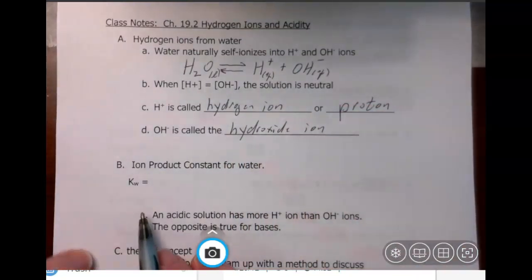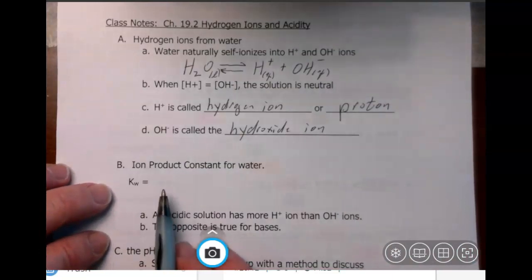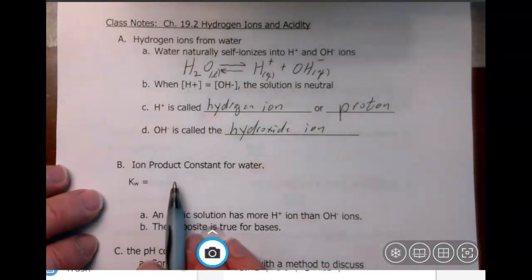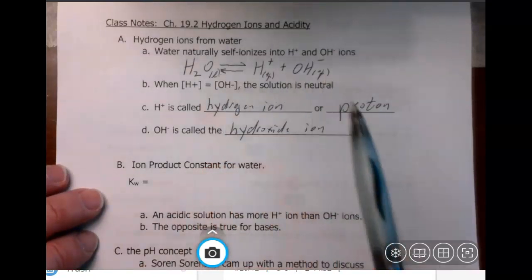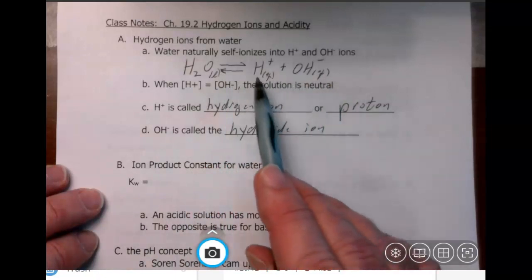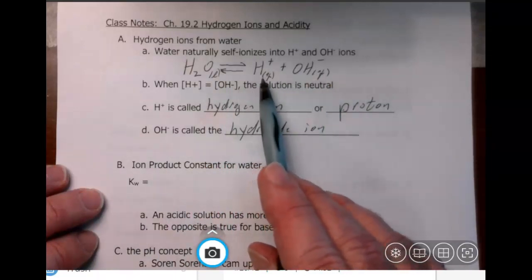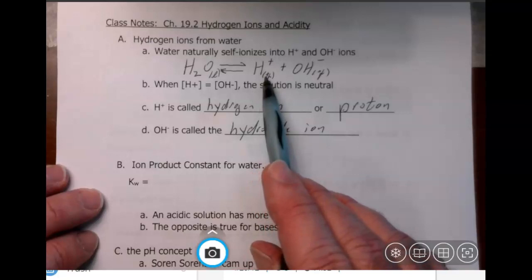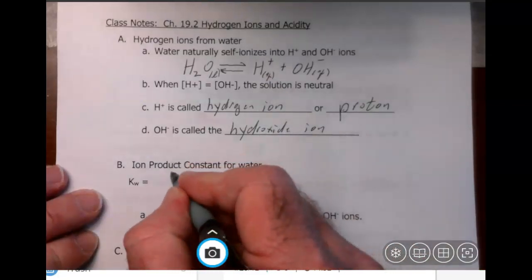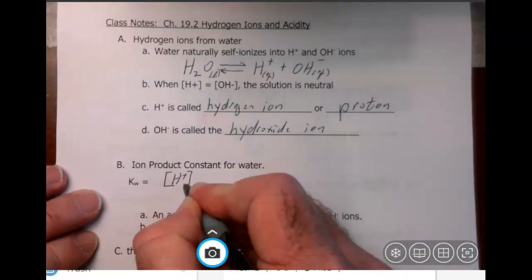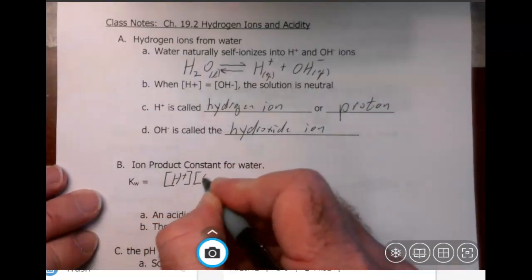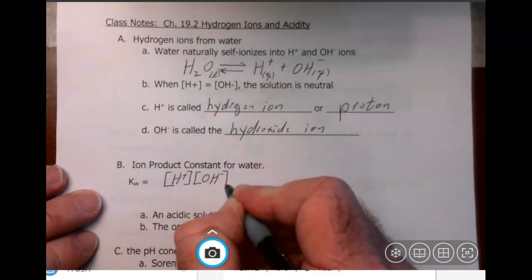Okay, now, the ion product constant for water. That's just another way of asking for the Keq, or the equilibrium constant, since this is an equilibrium. And in any equilibrium, it's the products over the reactants raised to the power of their coefficients. So this would be the concentration of hydrogen ion times the concentration of hydroxide ion.